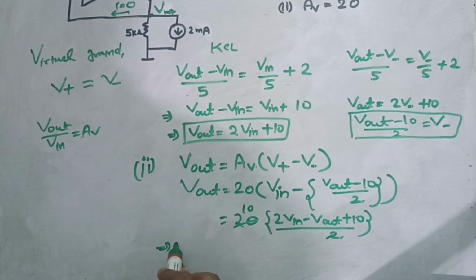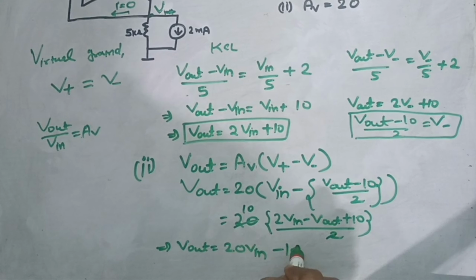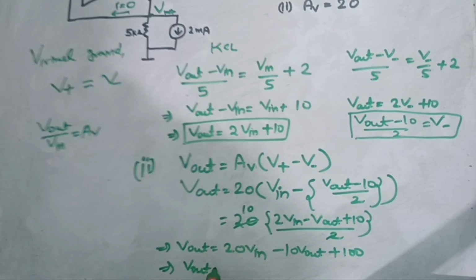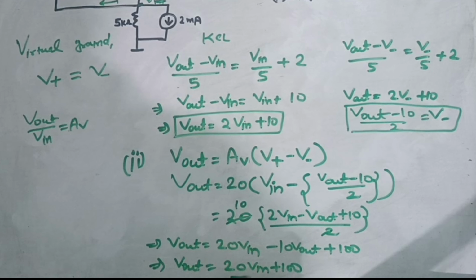So I can write V out is equal to 20 V in minus 10 V out plus 100. And if I bring this here, ultimately I will get V out equal to (20 V in plus 100) divided by 11.